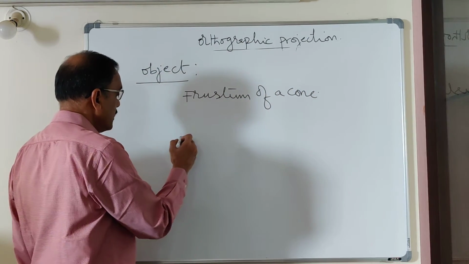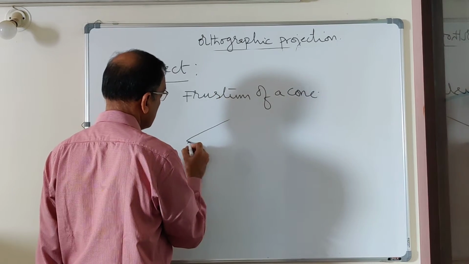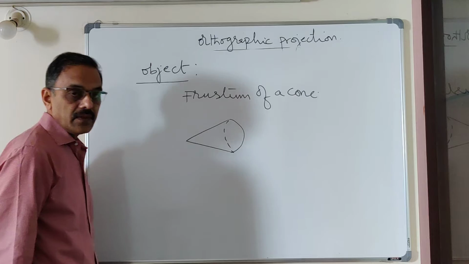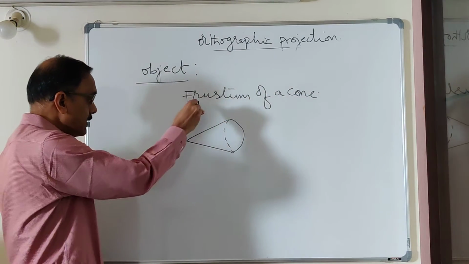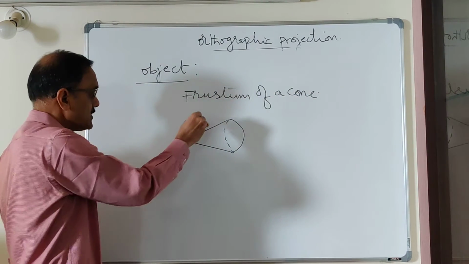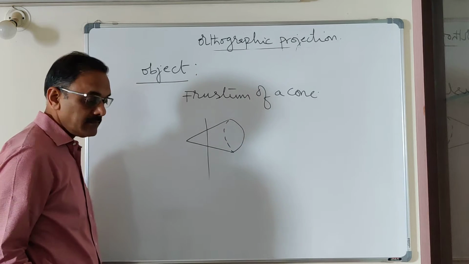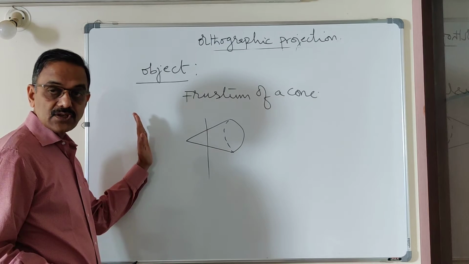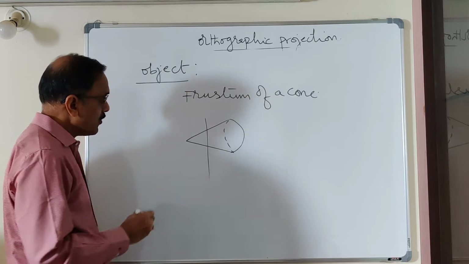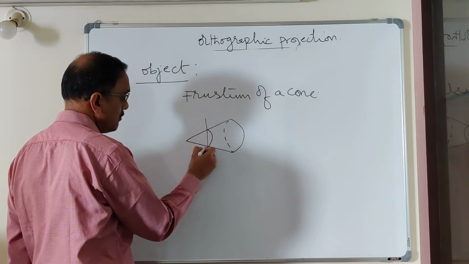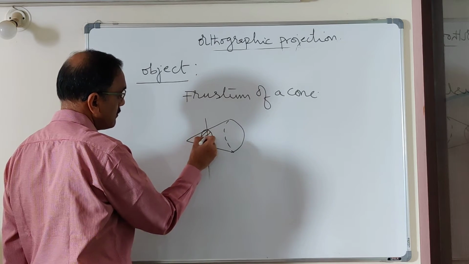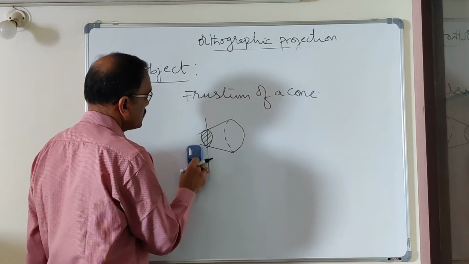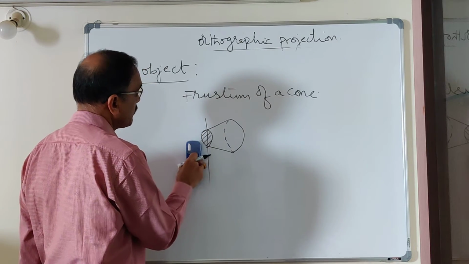If you take a cone, let us say this is a cone. Imagine that the cone is cut by means of a cutting plane here. Let us say I am cutting it here. Imagine that the portion containing the apex is removed. So what is the remaining portion of the cone? This is where you are cutting it. So this is what is called frustum of a cone.